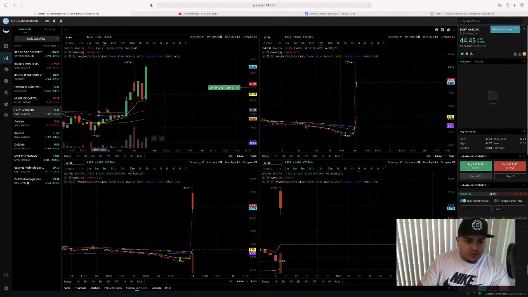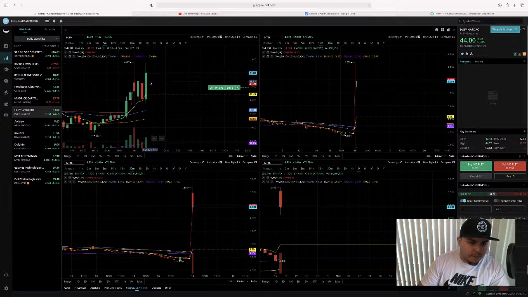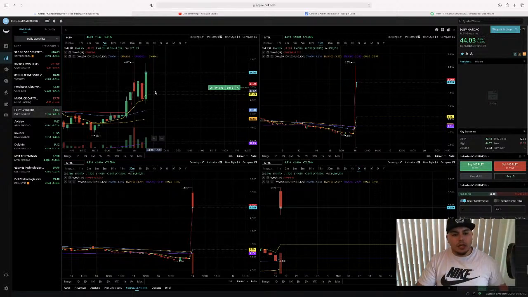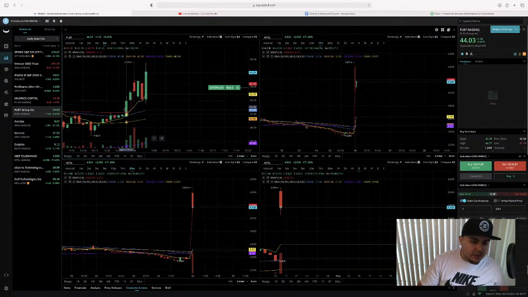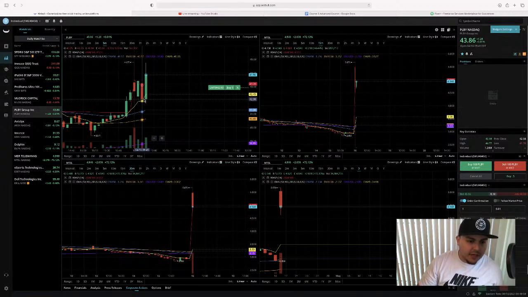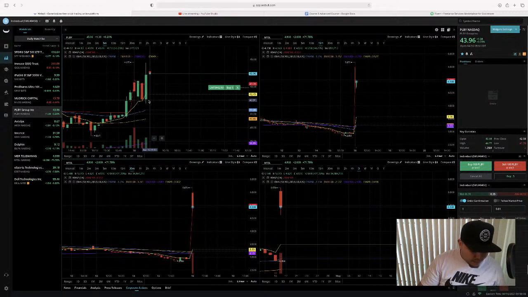Let's go ahead and go back to PLBY. PLBY still trying to break the high, getting rejected at the high of the day, 44.77. So we'll see right now. Like I said, guys, I like how the trade line is holding on the stock. It does not break below. Has true support right here at 41.95, 41.98.